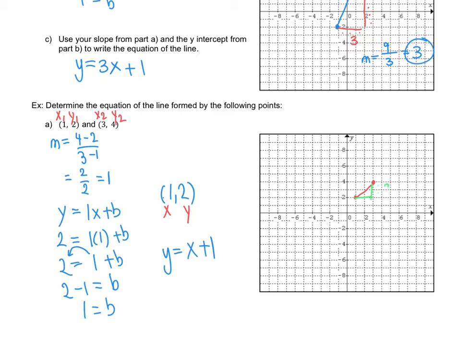I rise 2, I run 2, so my slope is 2 over 2, which is 1. And then when I continue my line, I can just apply that slope. Go down 1, run 1. And now I see my y-intercept is 1 as well.